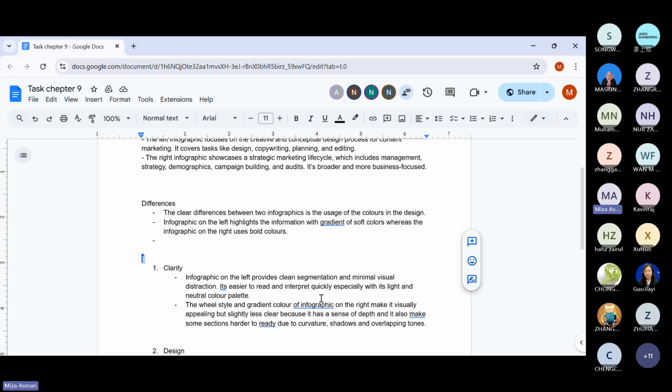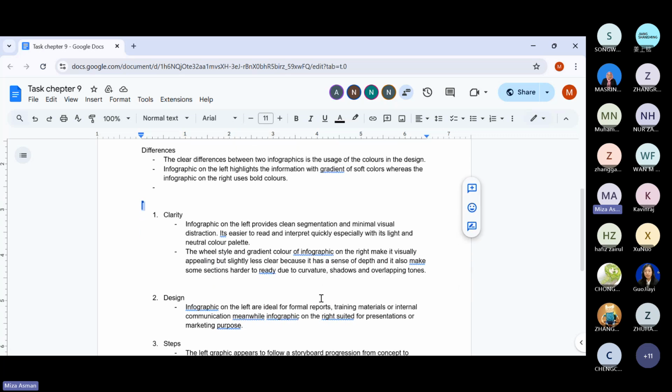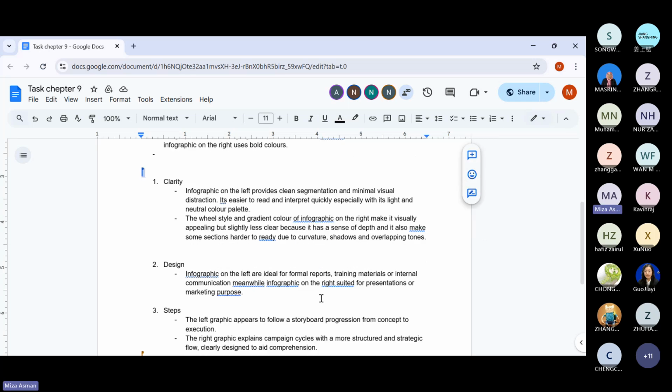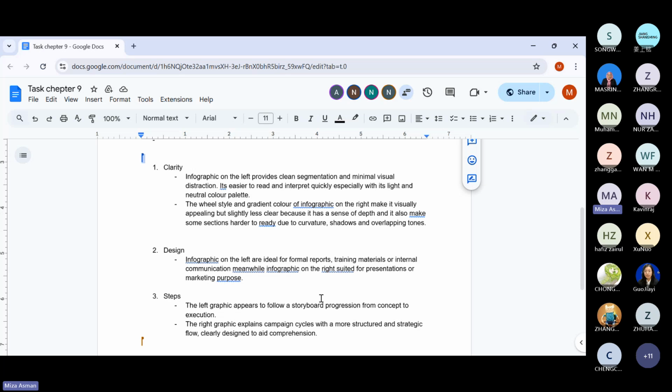The clear difference between the two infographics is the usage of colors in the design. The infographic on the left highlights the information with gradients of soft colors, whereas the infographic on the right uses bold colors. For clarity, the infographic on the left provides clean segmentation and no visual distraction.